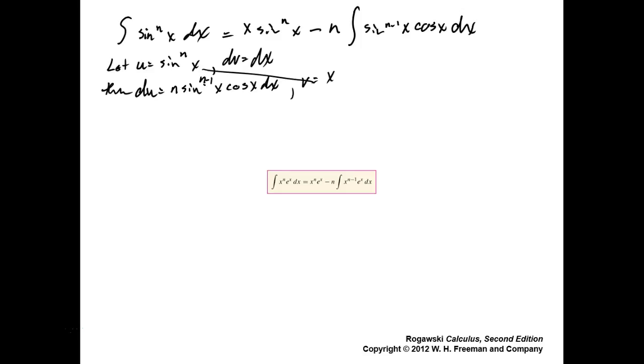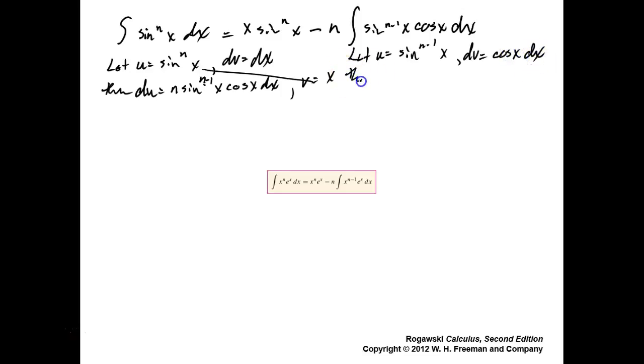Let's do something else now. What would that be? Let u equal sine to the n minus 1 x, and dv equal cosine x dx.